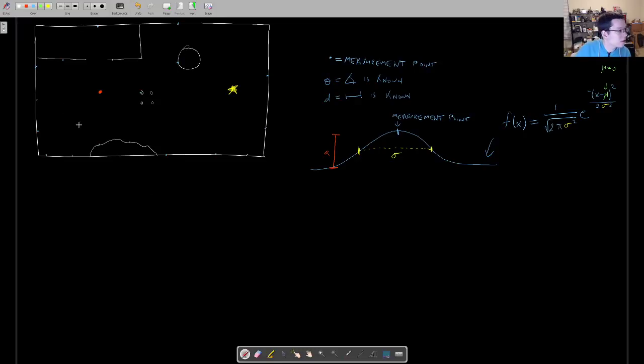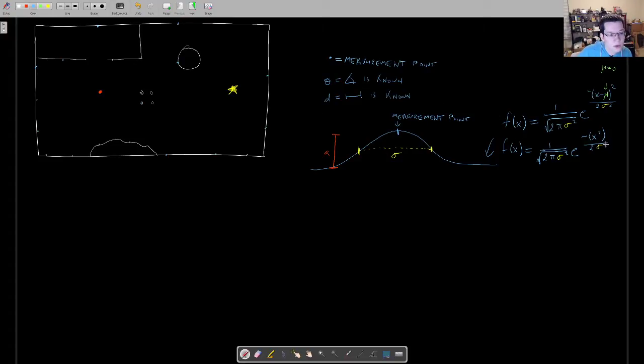Which gives us f of x equals 1 divided by the square root of 2 pi sigma squared, times e to the negative x squared over 2 sigma squared.